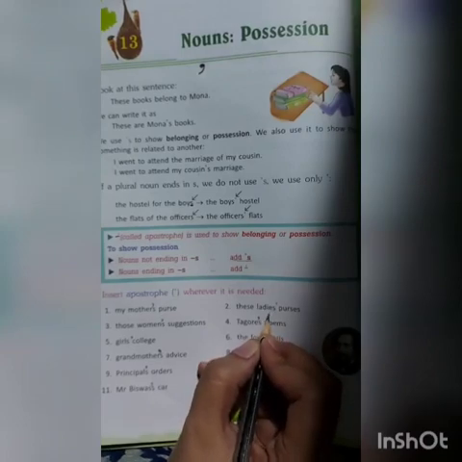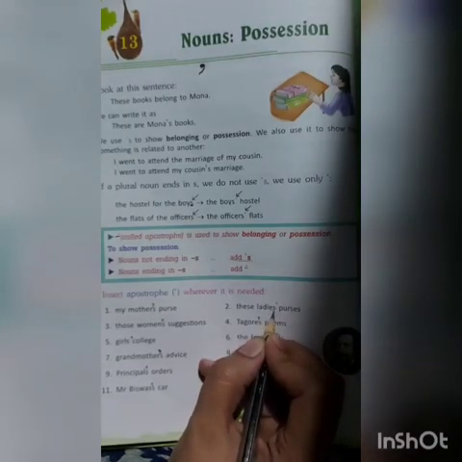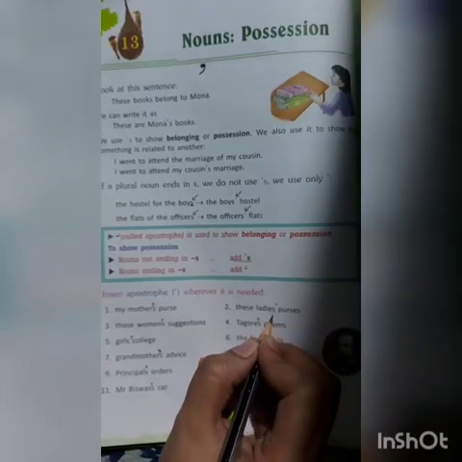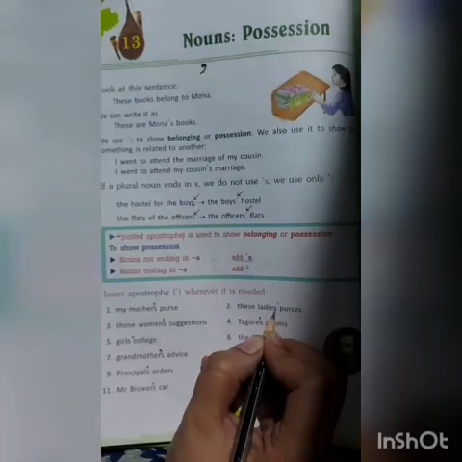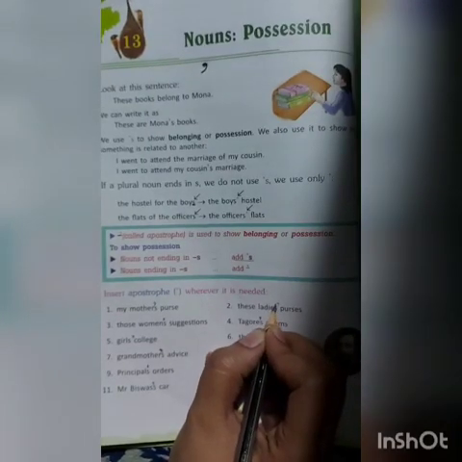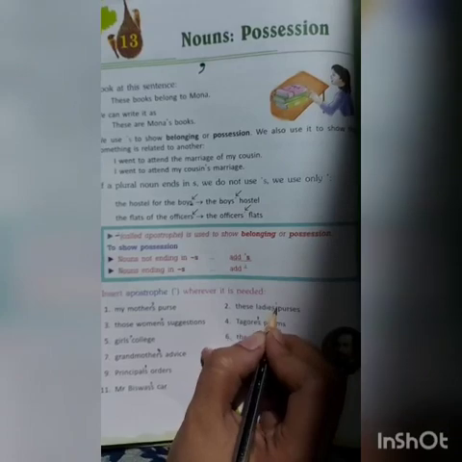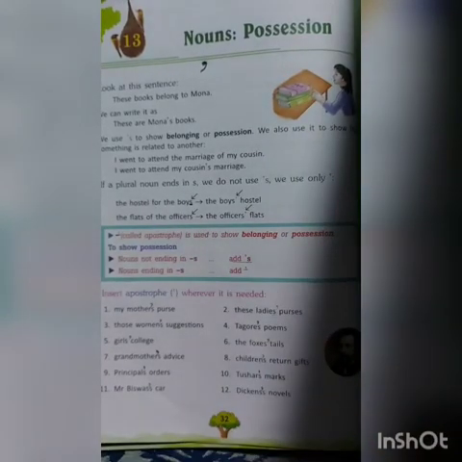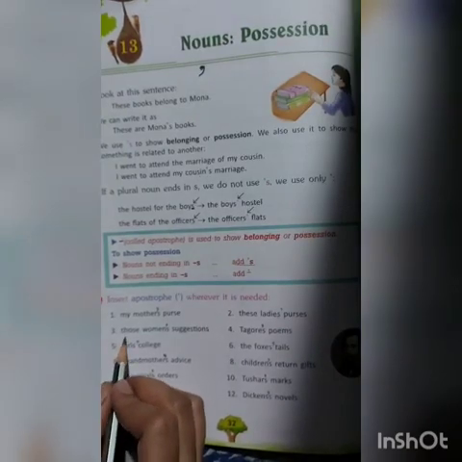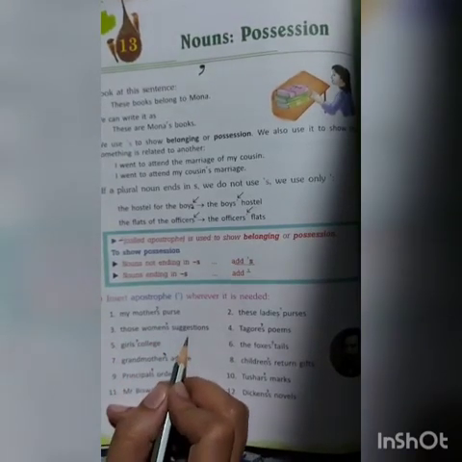Now, ladies is what? It's a plural noun which is ending in S, and we know that in case of a plural noun which ends in S, we only put an apostrophe. So here we'll put apostrophe after the word ladies. Next, those women's suggestions.